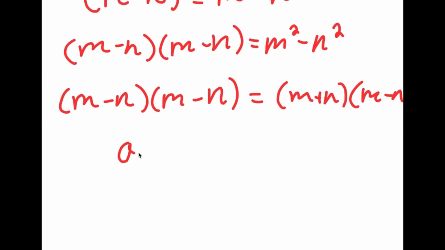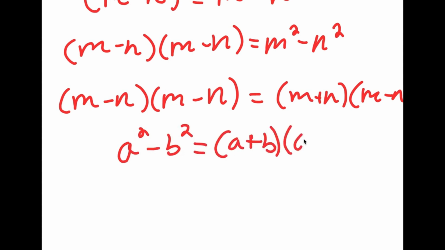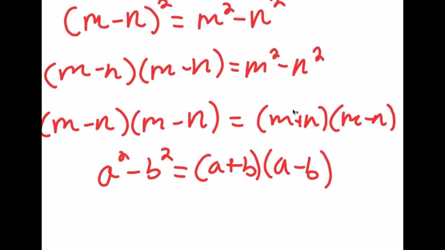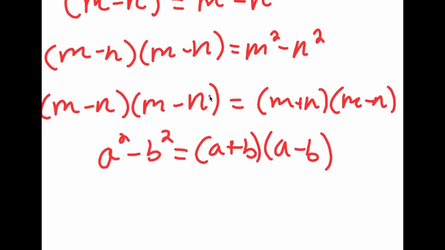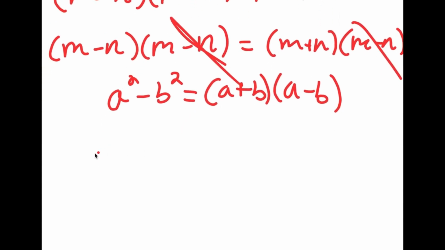Because if I have something in the form a squared minus b squared, this is equal to (a plus b) times (a minus b). So now, as you see, we can simply divide both sides by m minus n, cancel these two out. So now I'll be left with m minus n is equal to m plus n.